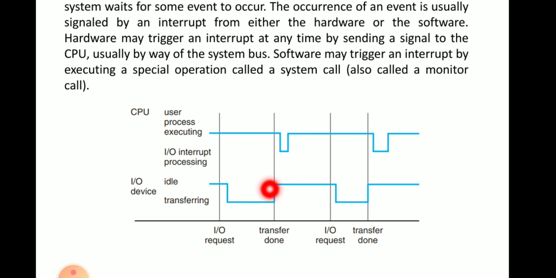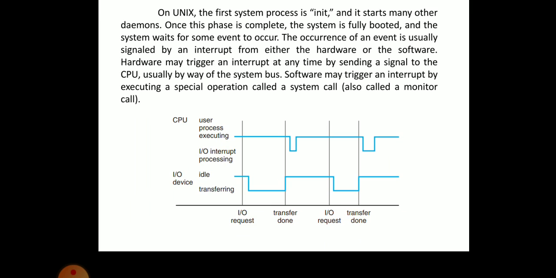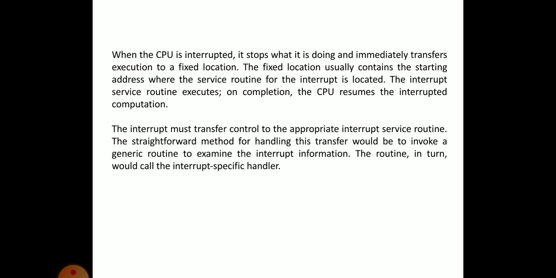So this timeline indicates that if any interrupt occurs at any time, the system suspends the current activity and processes the interrupt, and then after completing the interrupt, the CPU starts again with the program. So when the CPU is interrupted, it stops what it is doing and immediately transfers execution to a fixed location.